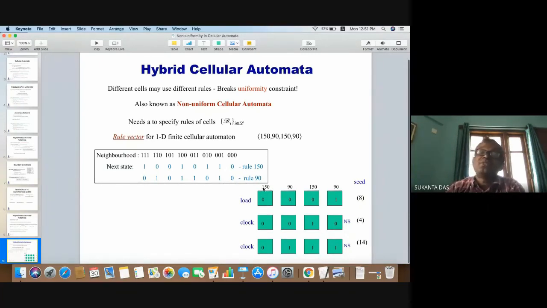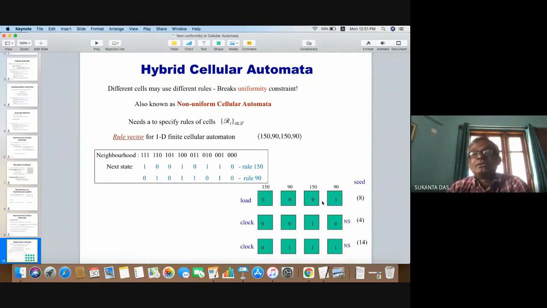Because the first cell is using rule 150, I get 0 here. For the next one, 0, 0, 0. Here it is rule 90, so I have to consider rule 90 here, not rule 150. So using rule 90, I get 0. You can check it from the table also.